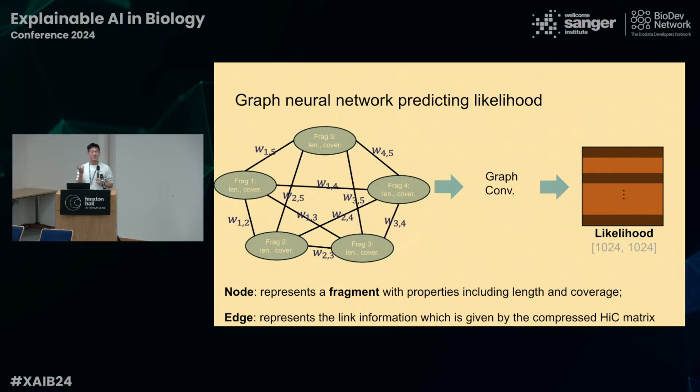For example, if we have 500 fragments in the sample, then we get this likelihood matrix with 500 lines. Each vector represents 1 fragment. Then we use a fully connected deep network to predict the likelihood of linking them. So that is the method we are going to use to solve this problem.